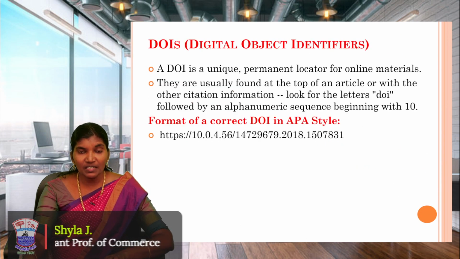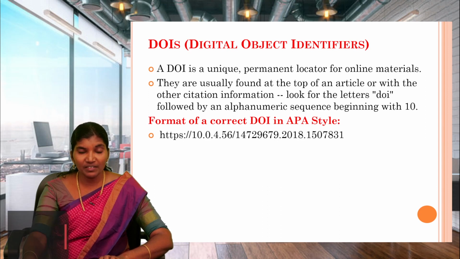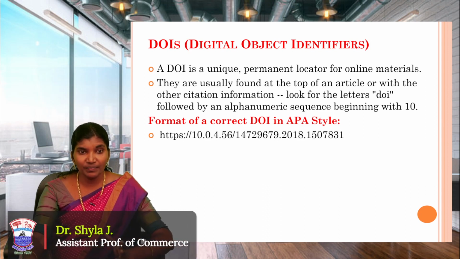Another one, this reference enclosed with the DOI, that is digital object identifier. This number is a 10 digit number which begins with 10, and this is the unique permanent locator for online materials. They are usually found at the top of an article or with the other citation information.